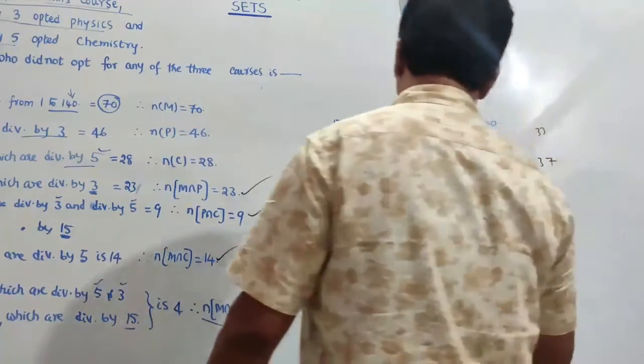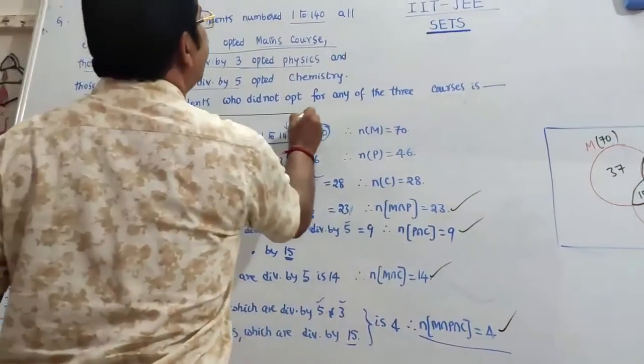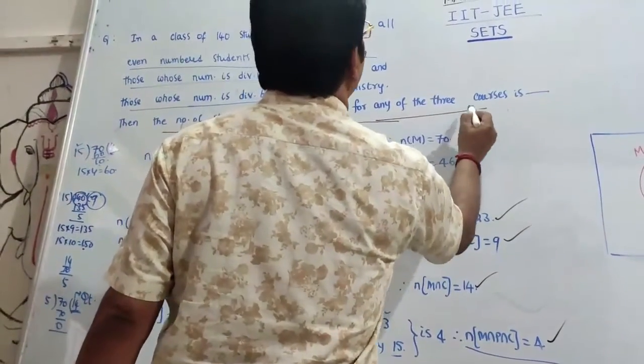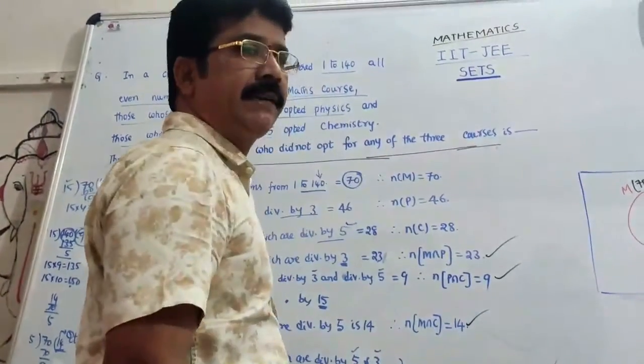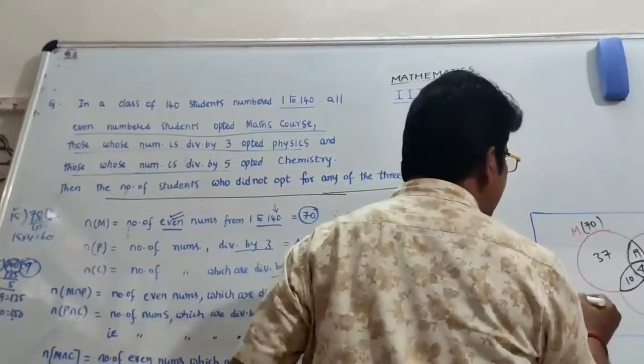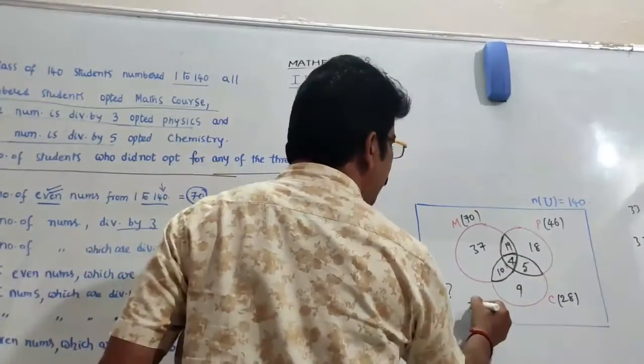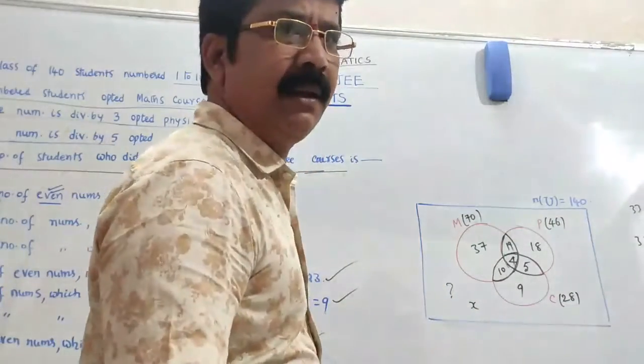So what is the question? The number of students who did not opt for any of the 3 courses. Already I said this model. Who did not opt means this area. This area is what? We don't know. Let it be x.